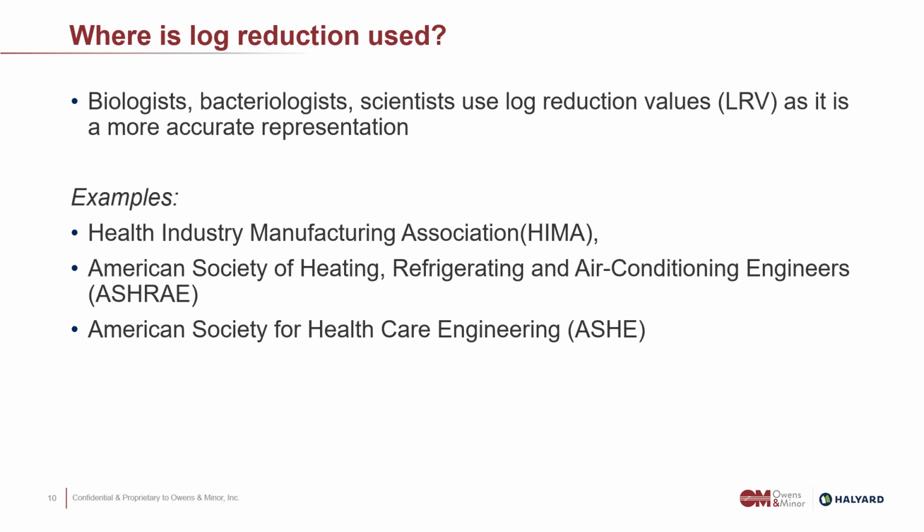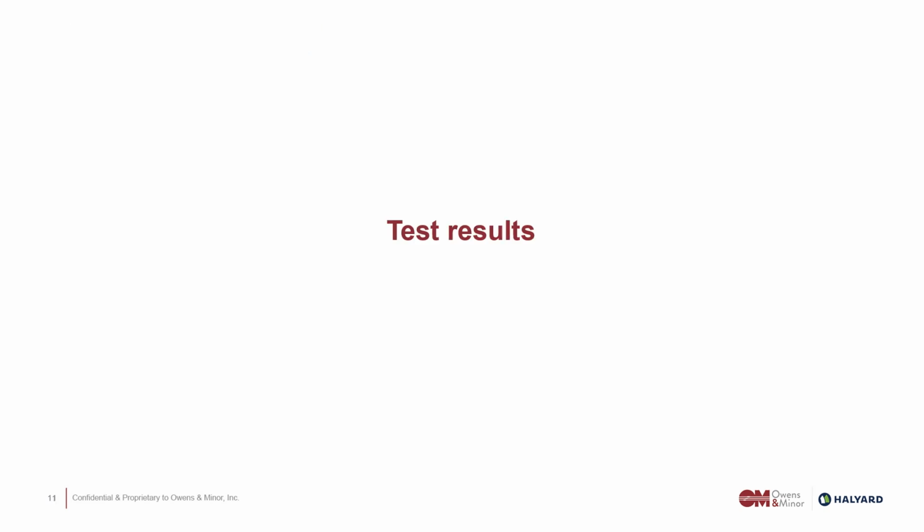Now, there are major organizations that all talk in log reduction, and your bacteriologists in the hospital and people in hospital hygiene will perfectly understand when you talk about log reduction. That takes us to the test results. We know now that there are different principles of filtration, the mechanical and the electrostatic filtration, and we also know that a log reduction is more efficient than a percentage.